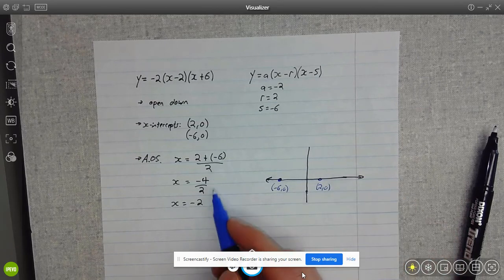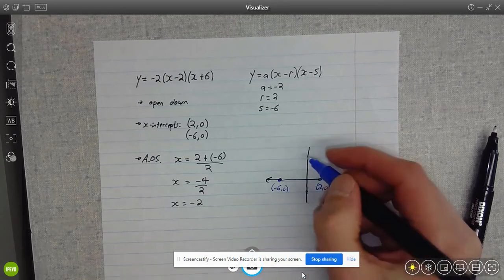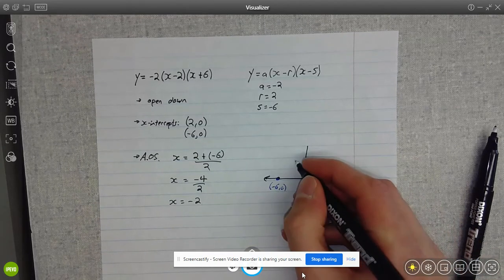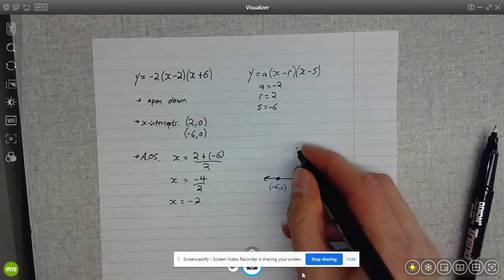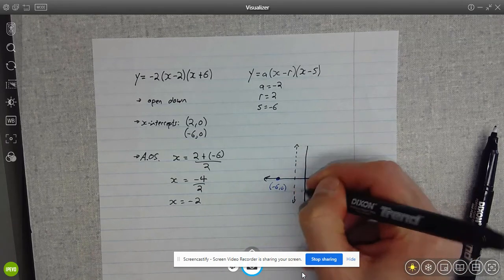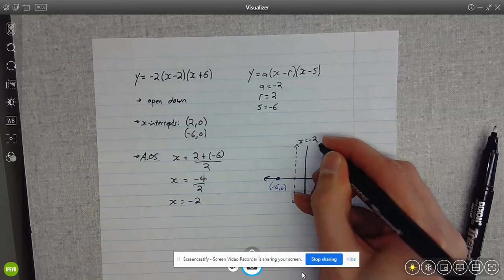And what we've been doing here to find the AOS is trying to find that vertical line through the middle of the parabola, exactly halfway between those two points. So halfway between -6 and 2 is going to be -2. So I'll just draw that dashed line, which has the equation x equals -2.